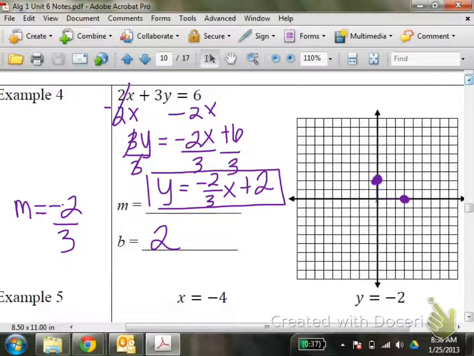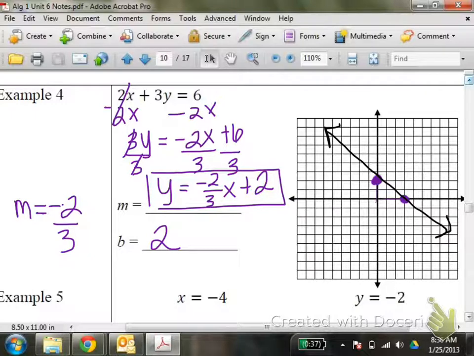Okay, now when I'm counting my slope, do I start at 0, 0, or do I start at the point I just plotted? The one I just did. So down 2, right 3. Because remember, the negative is attached to the top. And then draw your line. Hey, that was a pretty good straight line, huh? Not bad.